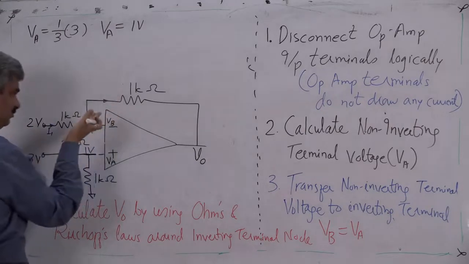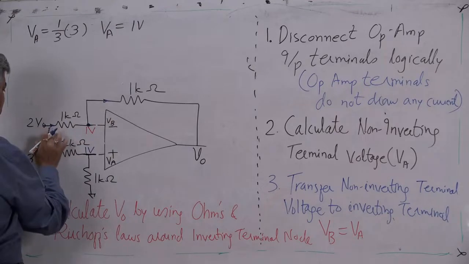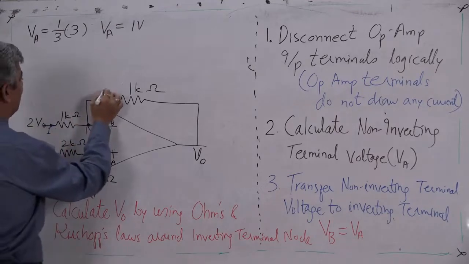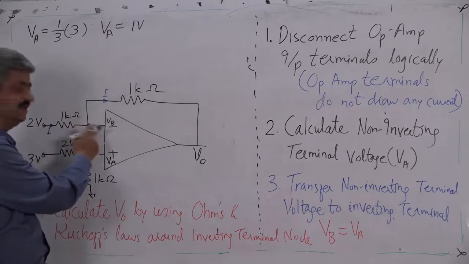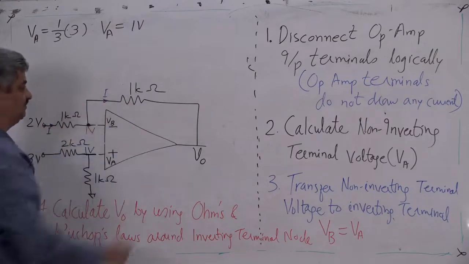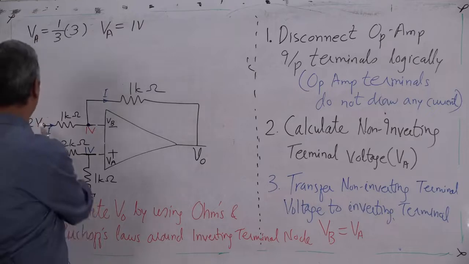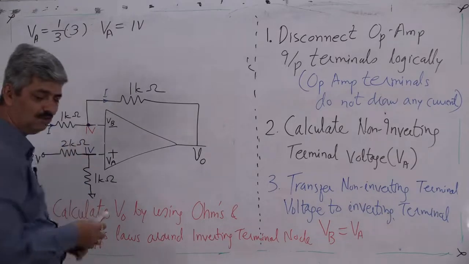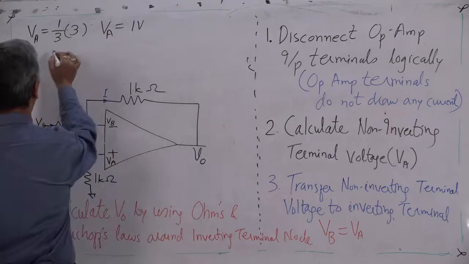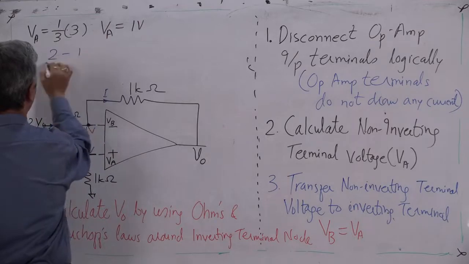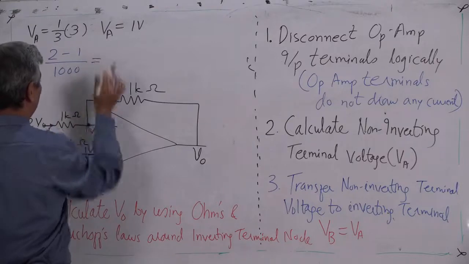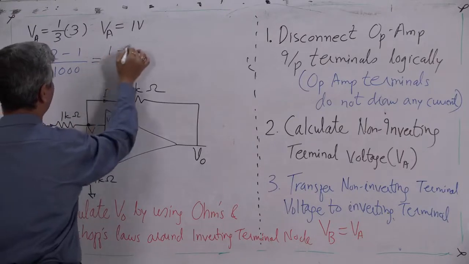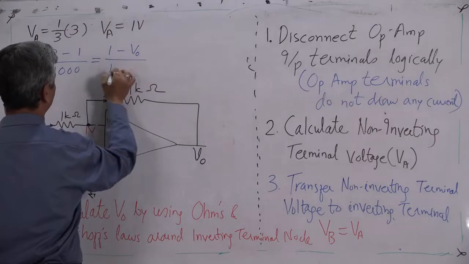Or now there is no need to calculate these things. We can say this is I, same is this I. The current should be same because this terminal doesn't draw any current. Current incoming equal to current outgoing. So what is this current? 2 volt minus 1 volt. I can write a simple equation: 2 volt minus 1 volt upon 1000. Why 1000? 1 kilo ohm is equal to 1 volt minus VO upon 1000.